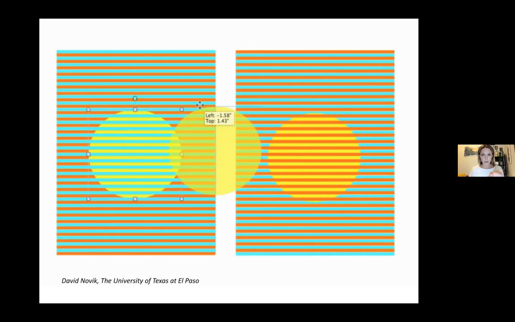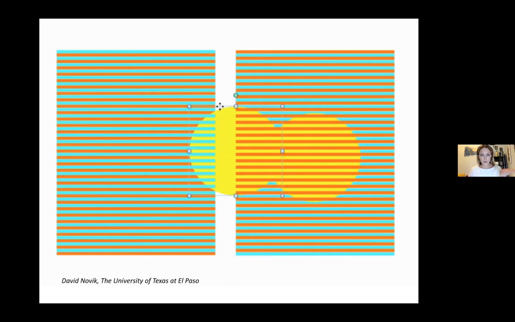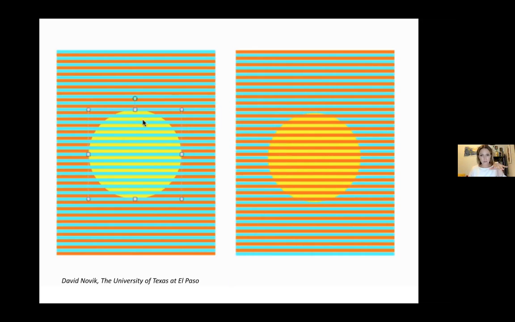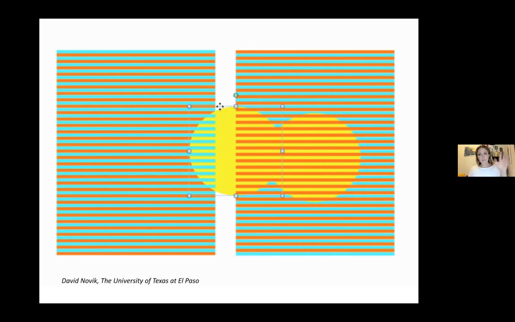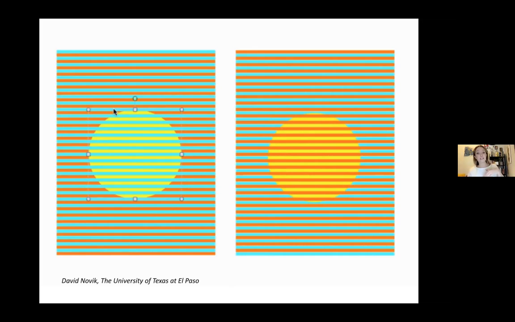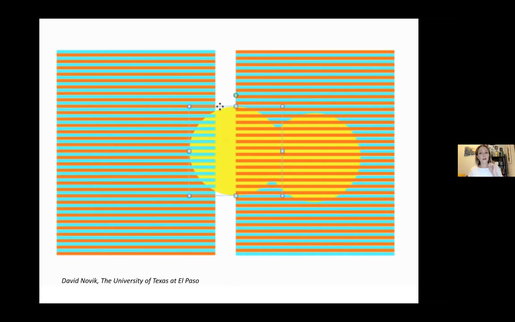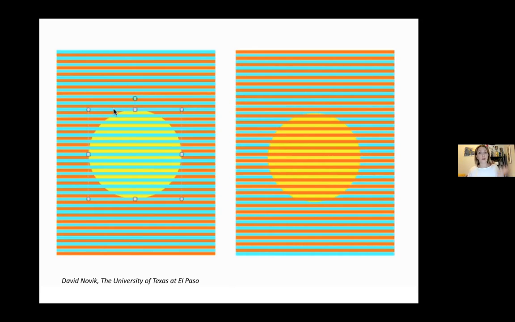If you look again at the circle on the left, see how there are a lot of bars of cyan, that blue-green color? The cyan paired with the yellow circle is all added together so that the circle appears more lime. But the one on the right has a lot of red bars through the circle. So red and yellow added together give you the perception that it's orange.